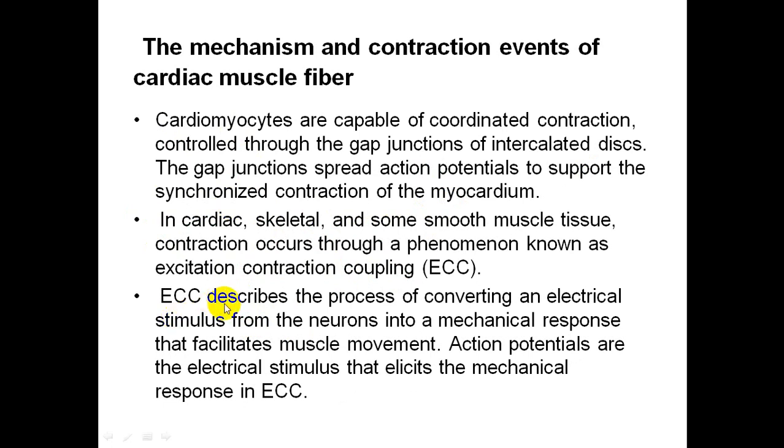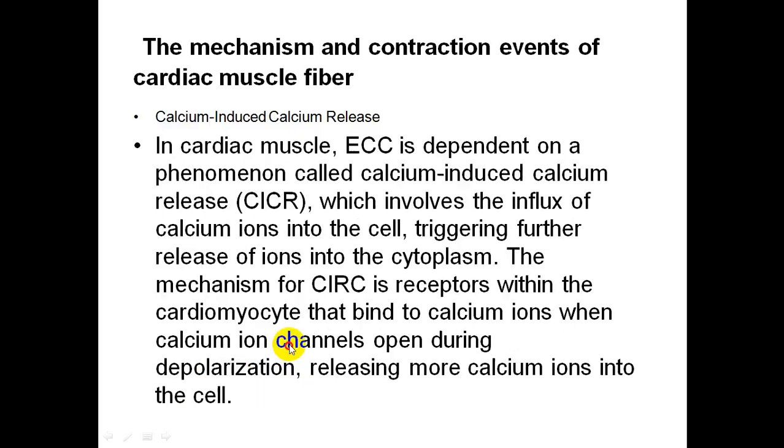It describes the process of converting an electrical stimulus from the neurons into the mechanical response that facilitates muscle movement. Action potentials are the electrical stimulus that elicits the mechanical response, which is why they come before the mechanical response.